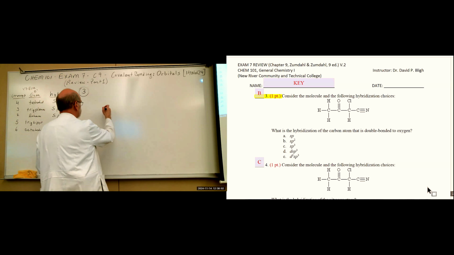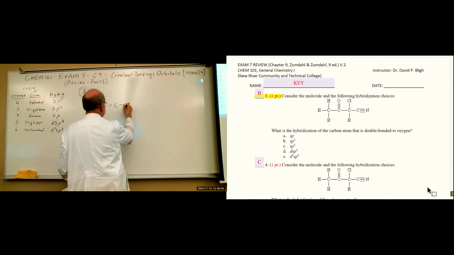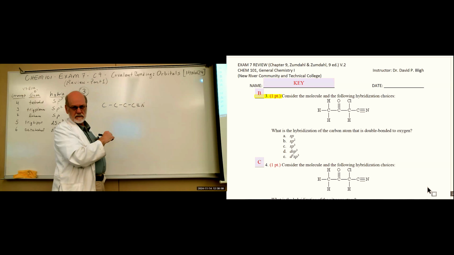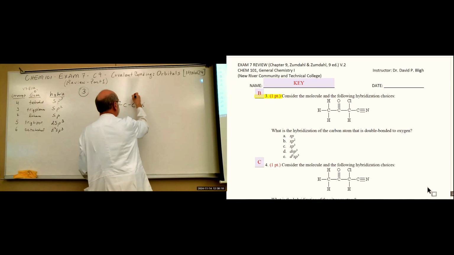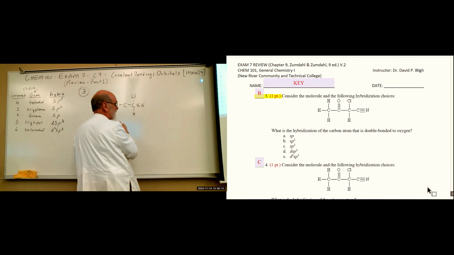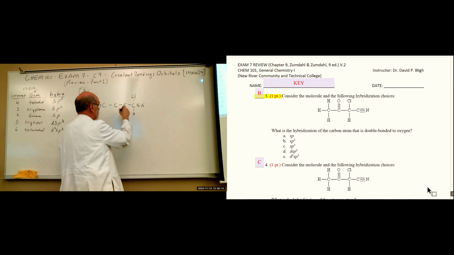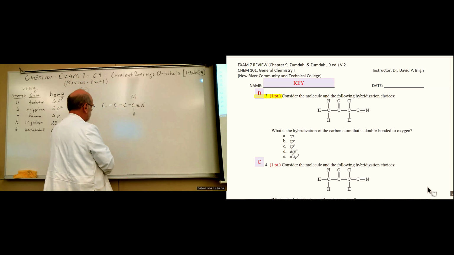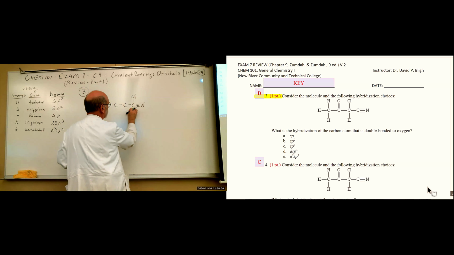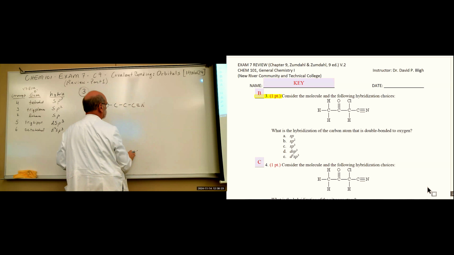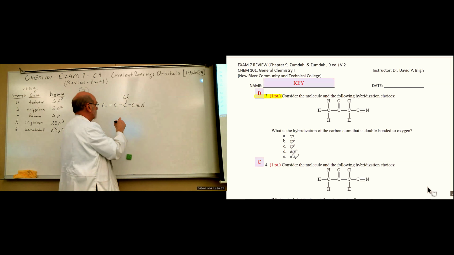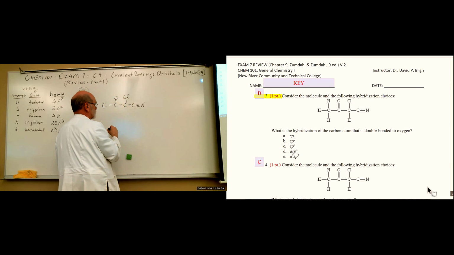Okay, so we have these 3 carbons, 4 carbons. I think we have a nitrogen there, we have chlorine here, hydrogen there, and we have a, is that right? Nope, put it on the wrong one. It has to be here, right? Yep. This one has the double bond oxygen.